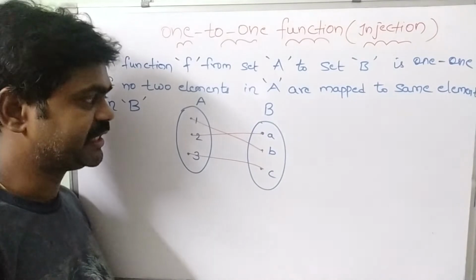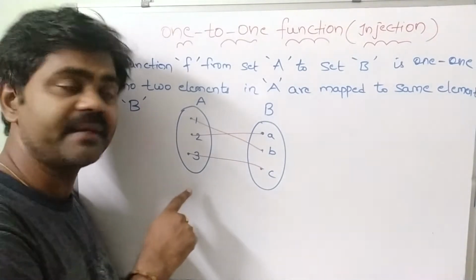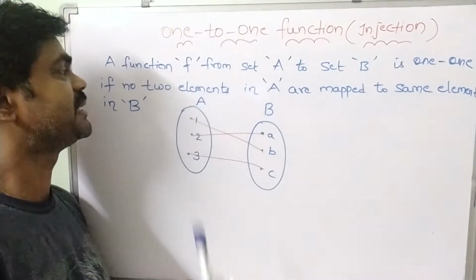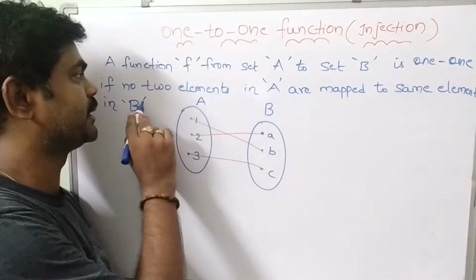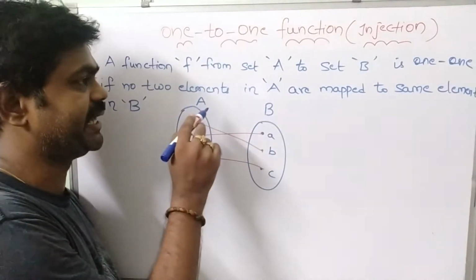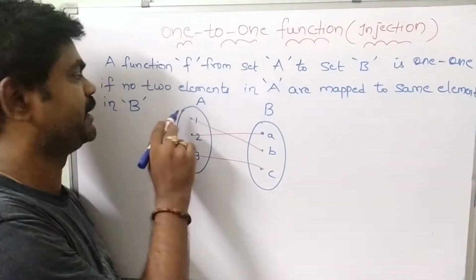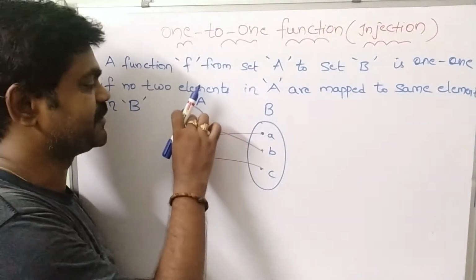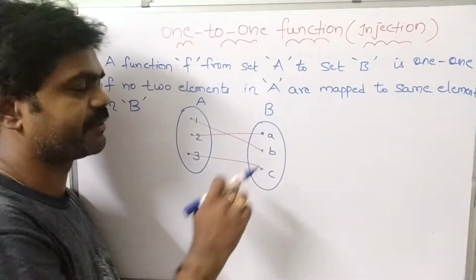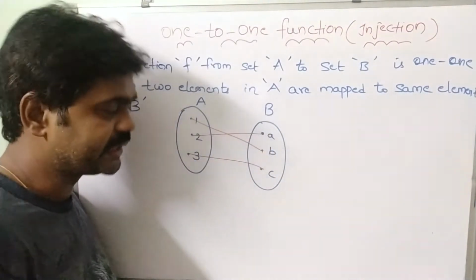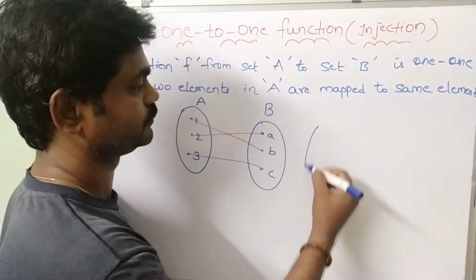Now let us see whether this is a one-to-one function. What is our definition? f from set A to set B is one-to-one if no two elements in A are mapped to the same element in B. If you see here, 1 is mapped with b, 2 is mapped with a, 3 is mapped with c, different elements. Now let's take another example.